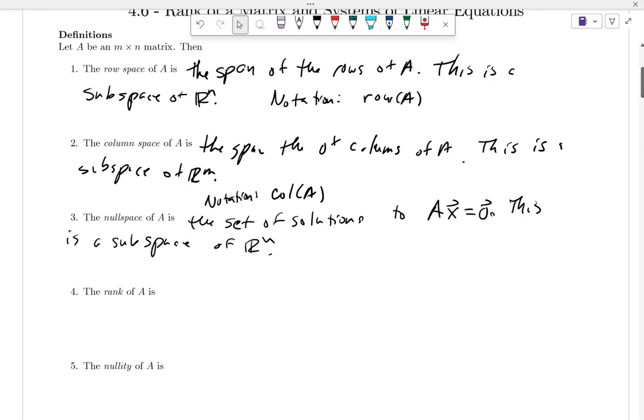So the rank is an idea of dimension, and we talked about how to do dimension before the exam. You had a question about dimension on the exam, right? Remember how you find the dimension. By definition, dimension is number of elements in a basis, right? On one of the problems you had on the exam, I gave you a subspace W and asked you to find the dimension, right?